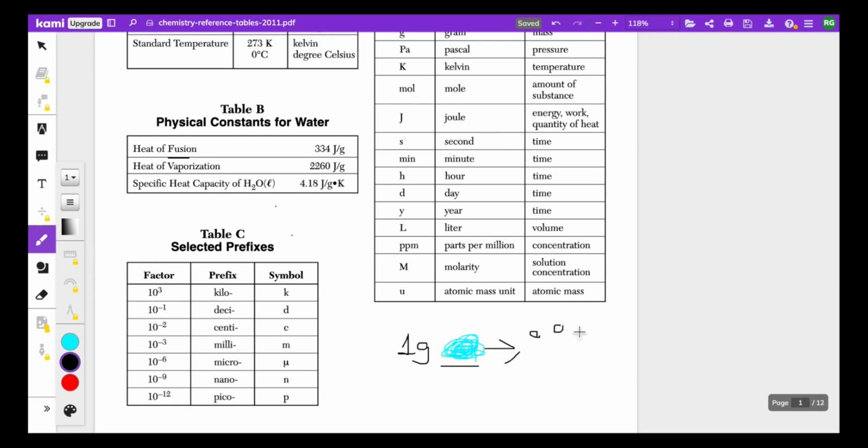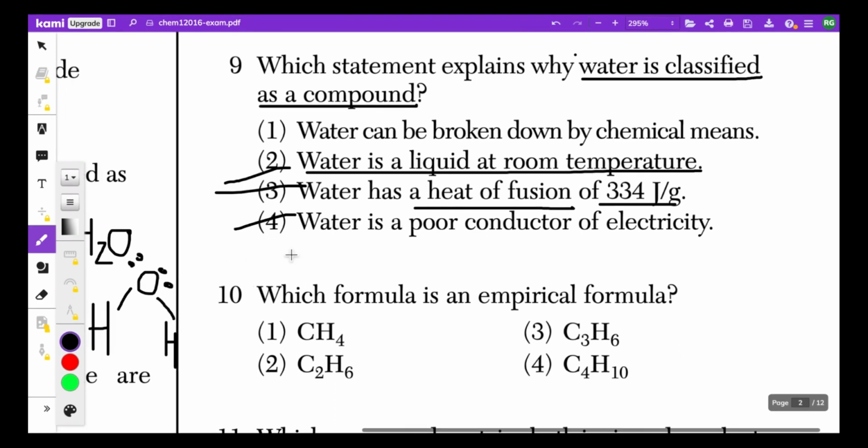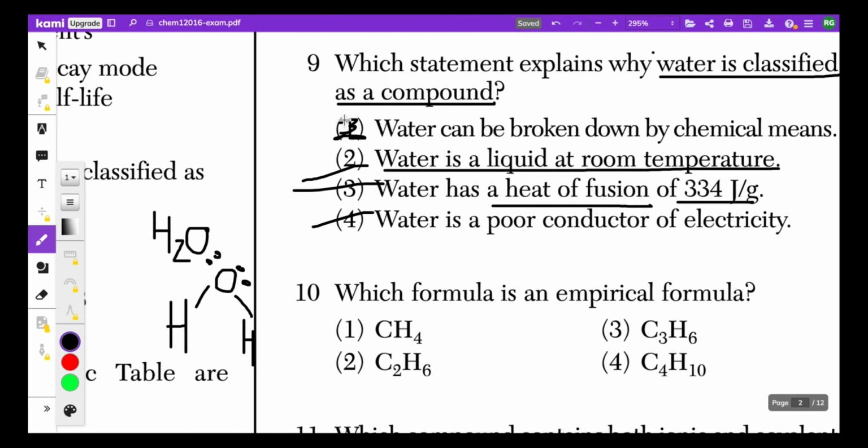The answer is that it takes 334 joules per gram. 334 joules to raise 1 gram of water and evaporate it, okay? Now, this also does not answer the question. So answer choice 1 has to be our answer.